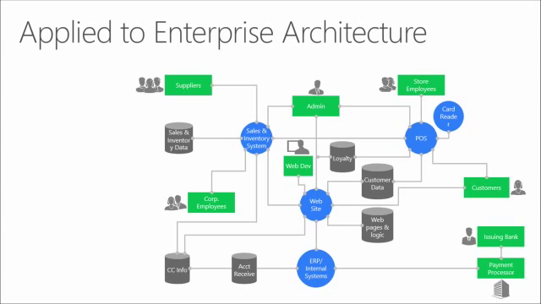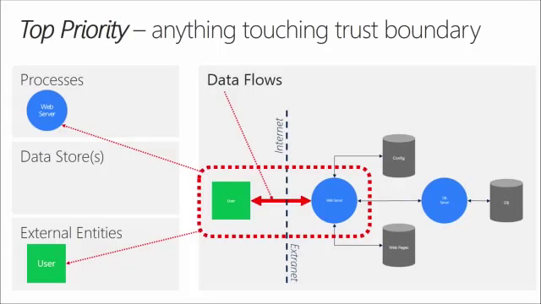And when we look at applying the threat modeling, there's really one very important place that we want to focus and prioritize, which is anything that touches a trust boundary. If you remember from the previous ones, there was that trust boundary between the internet and the extranet.